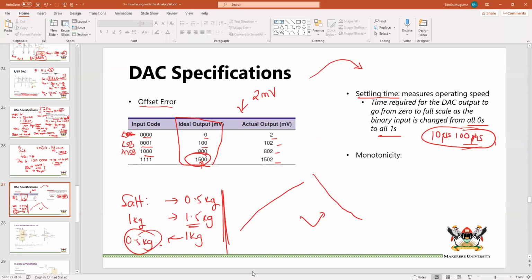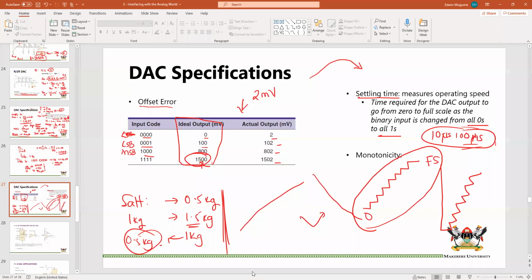So we see here that when we are performing our digital to analog conversion, we go through a staircase that is always increasing as we move from the start to full scale. Obviously, we know that after full scale, we come back down and go again, but we are looking at monotonicity only in terms of moving from the starting position all the way to full scale.